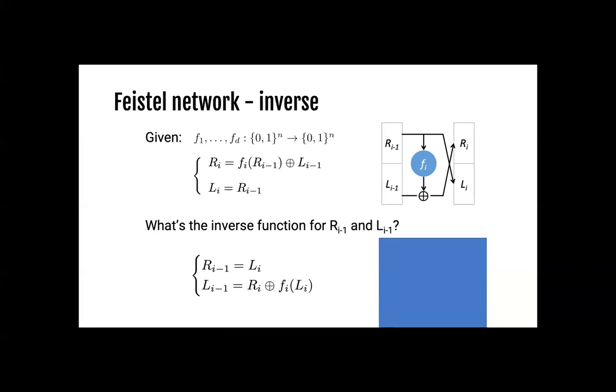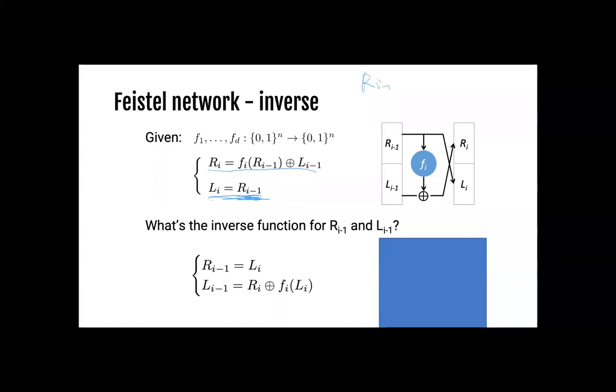So now we know that Ri is equal to this, and Ri is equal to this, right? So the first thing, let's try to get Ri minus 1. Because in this equation, we already know Li is equal to Ri minus 1.